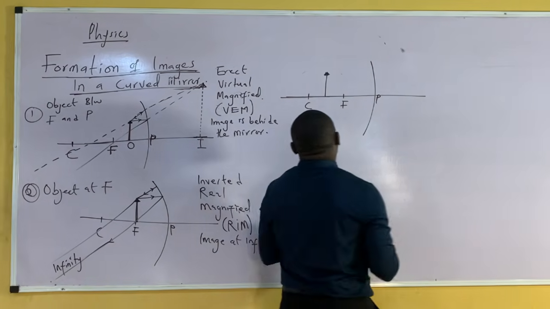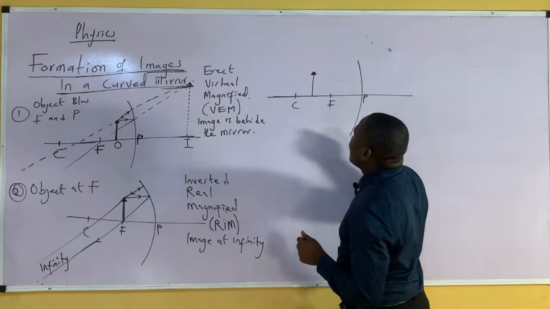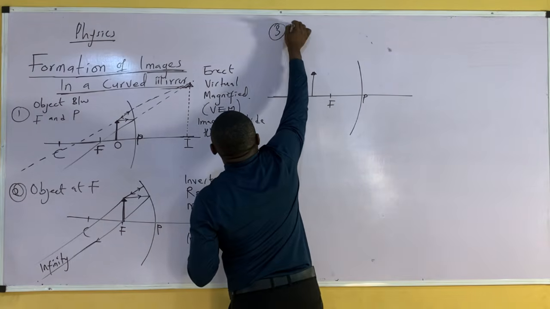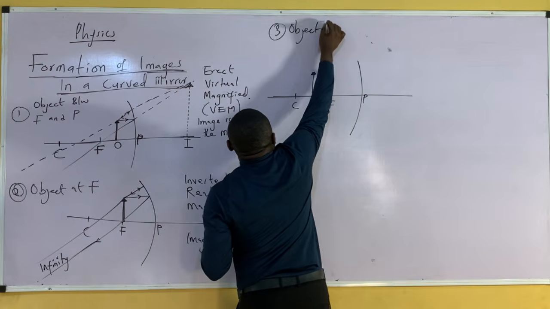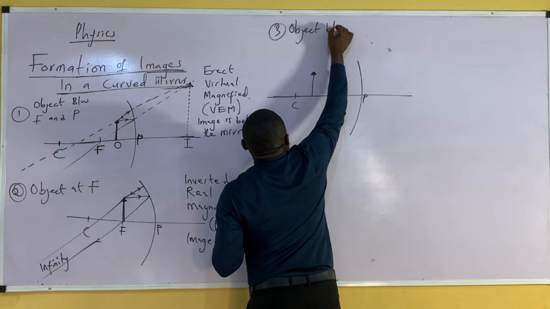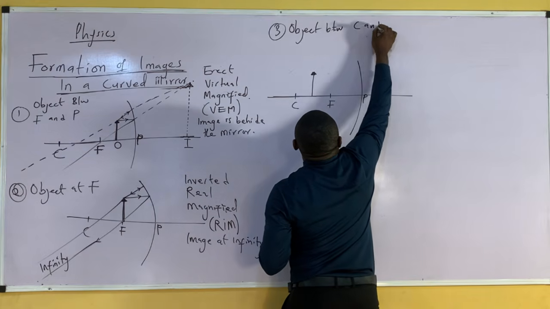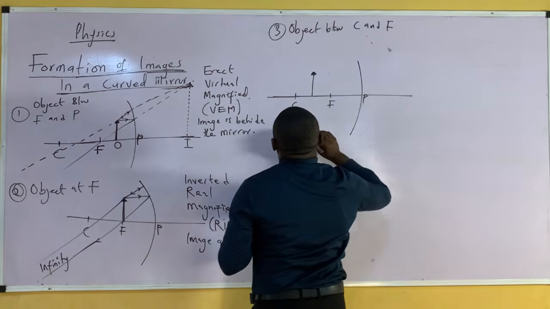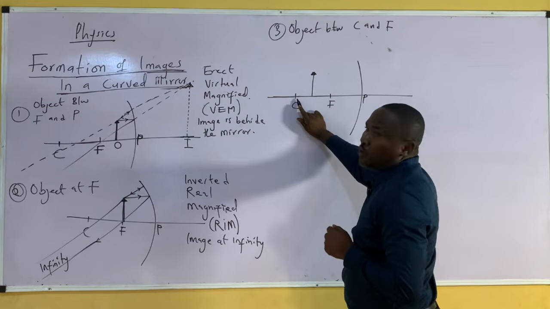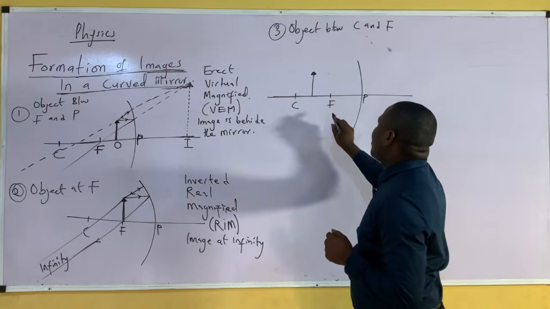Now object between C and F. Number 3, object between C and F, meaning object between the center of curvature and the principal focus.